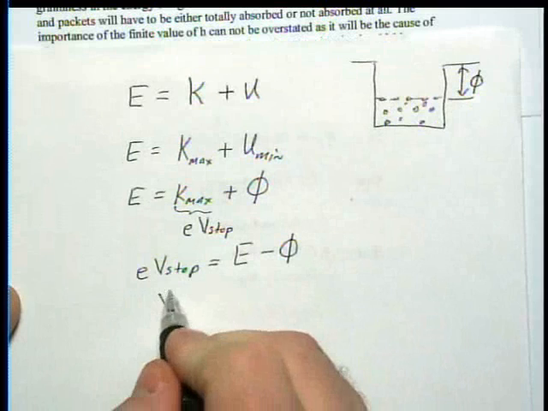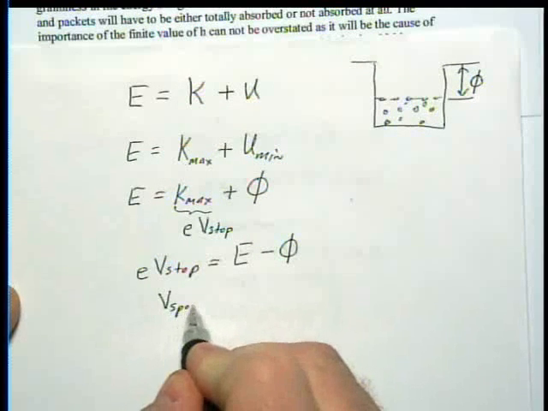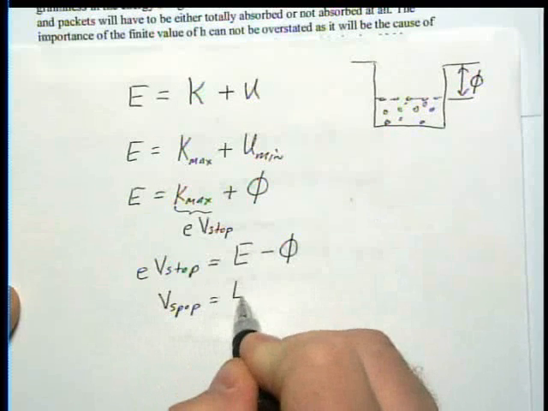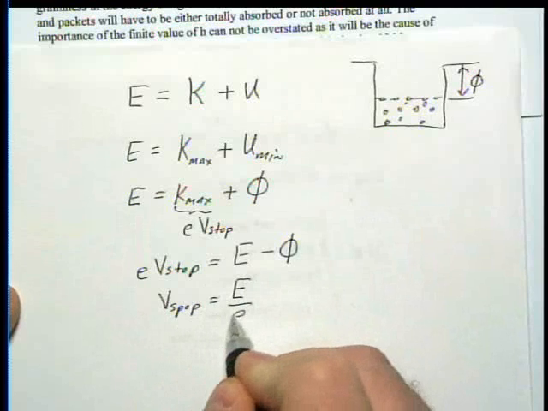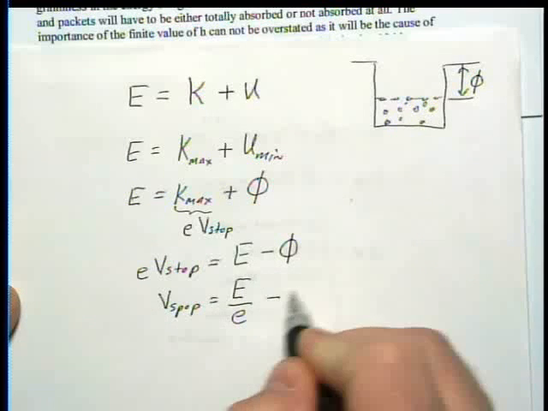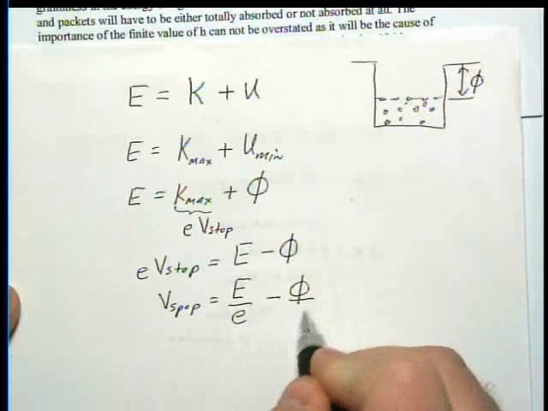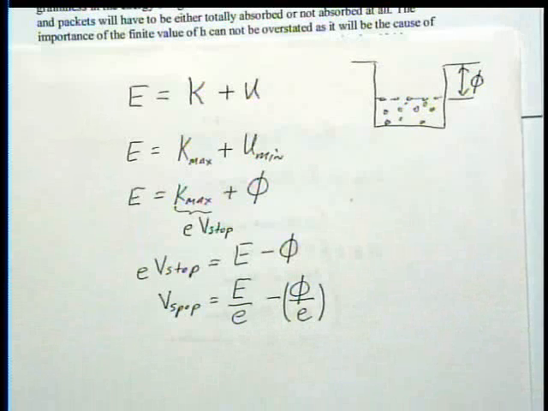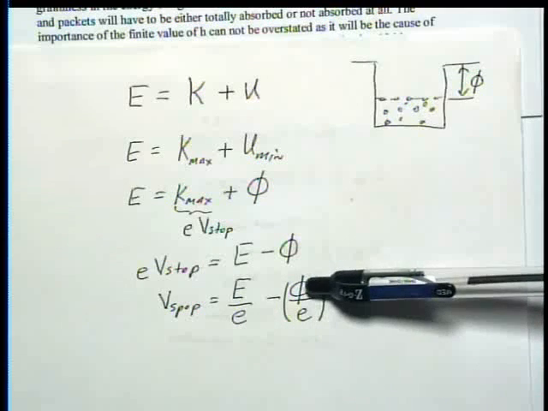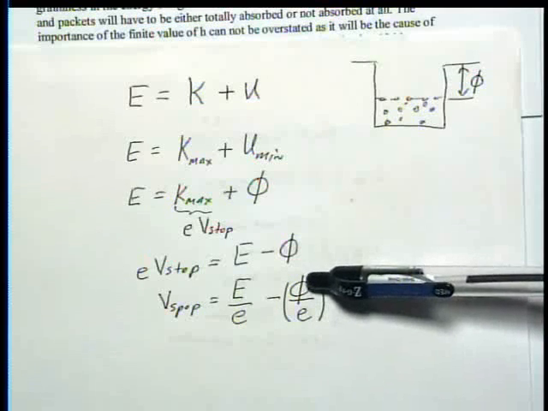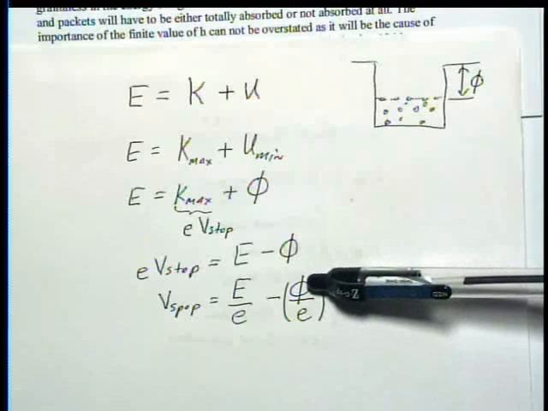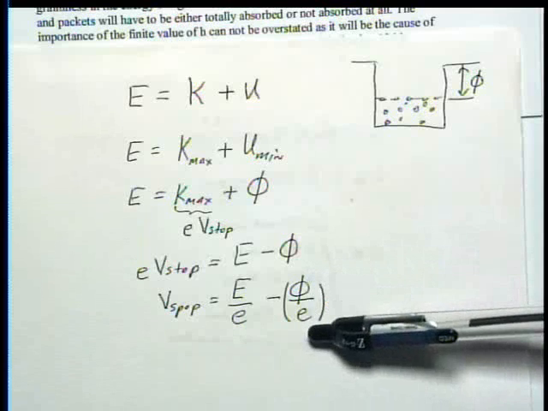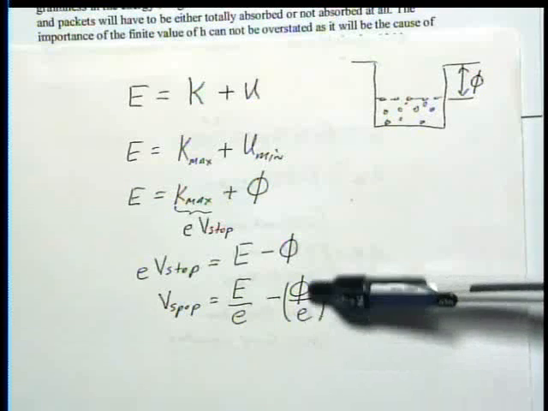Then the stopping potential is the total energy divided by the charge on the electron, minus the work function divided by e. Now, remember, this work function is going to be like 2 eV, and then you divide by e, so it becomes a voltage.